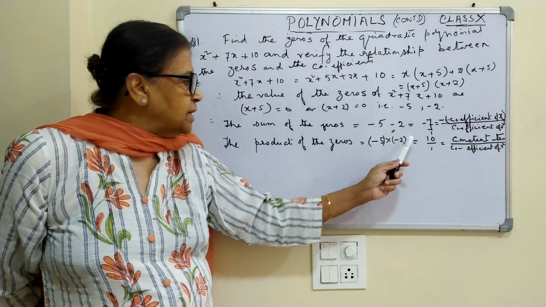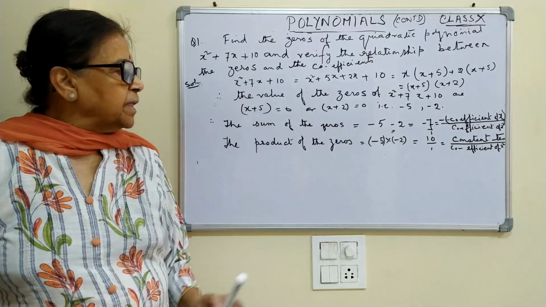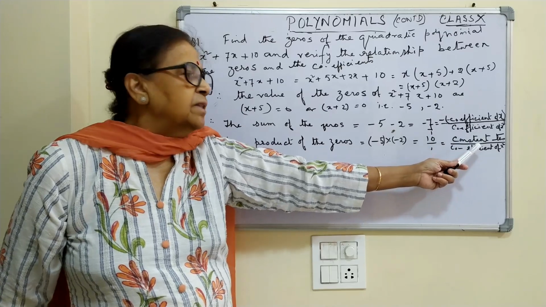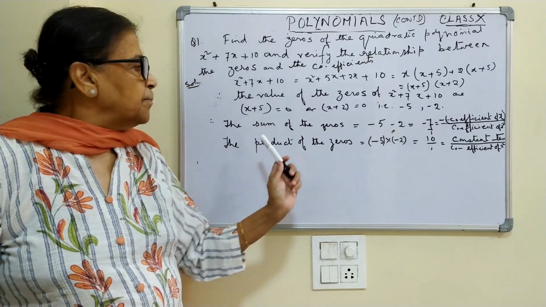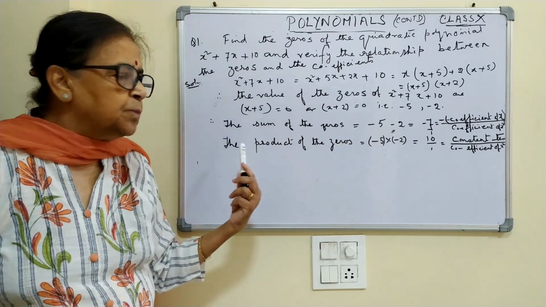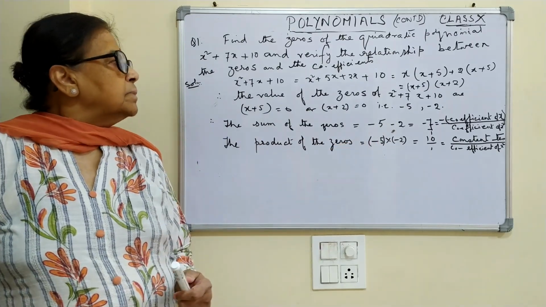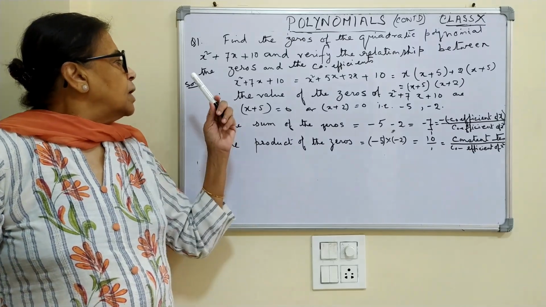The product is 10, and I can write by 1 because it is the constant term divided by the coefficient of x square. These are the relations between the coefficients and the zeros. May I repeat this? Because this is just the beginning.